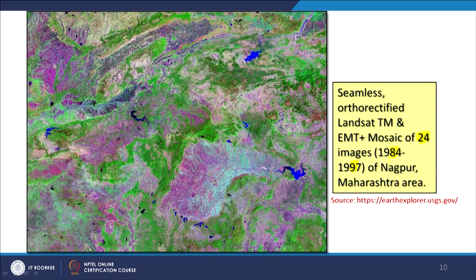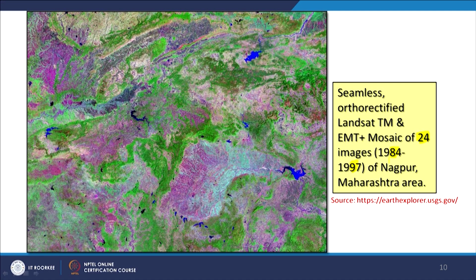Nonetheless, this is a completely seamless mosaic of 24 scenes, and nowhere do you see any seam between these images. So it is possible to create a seamless mosaic.